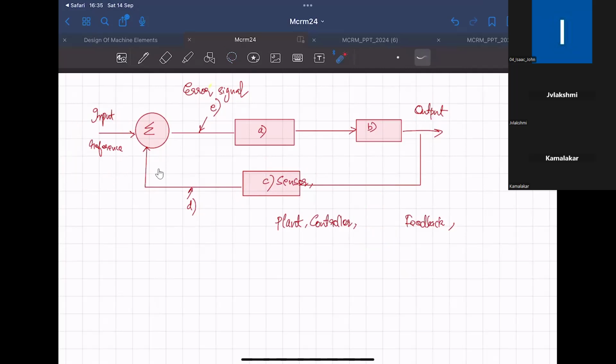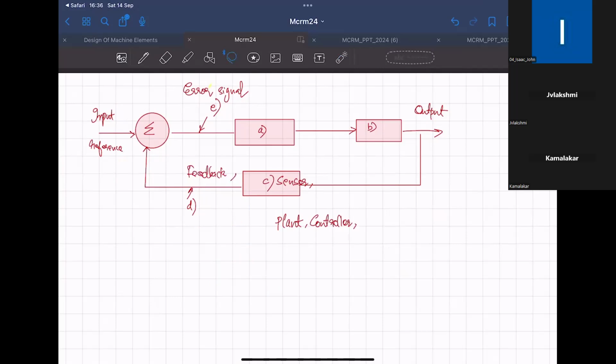The difference between this input and the output from the sensor, we call as the error signal. And the output from the sensor is nothing but the feedback signal. Whatever we are getting from the output, that is the feedback. And the difference between the input reference and the feedback is the error signal.